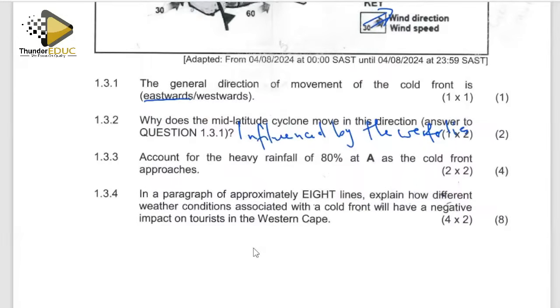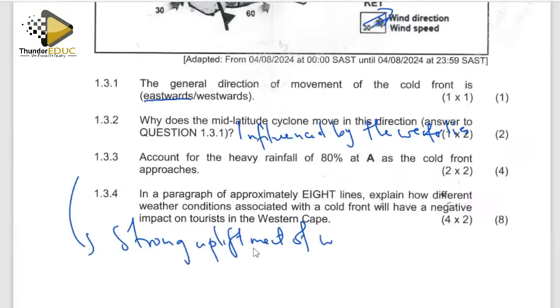Right, the reason here that we are going to talk about is there's going to be strong upliftment of warm, moist air. Because the coming of the cold front is going to uplift warm and moist air. And what is going to happen to that moist air?